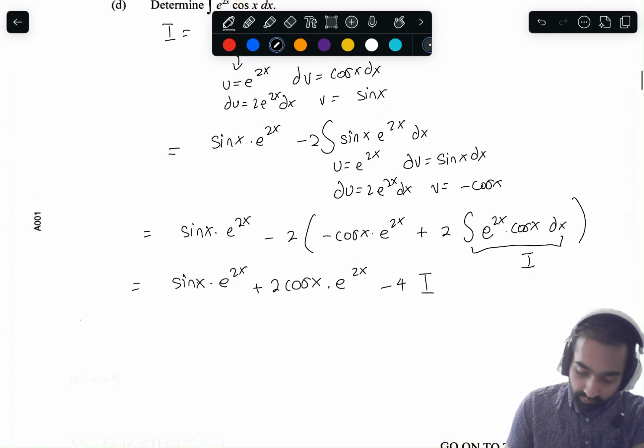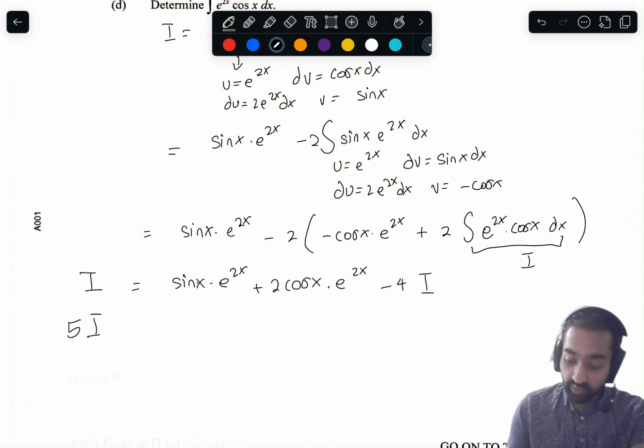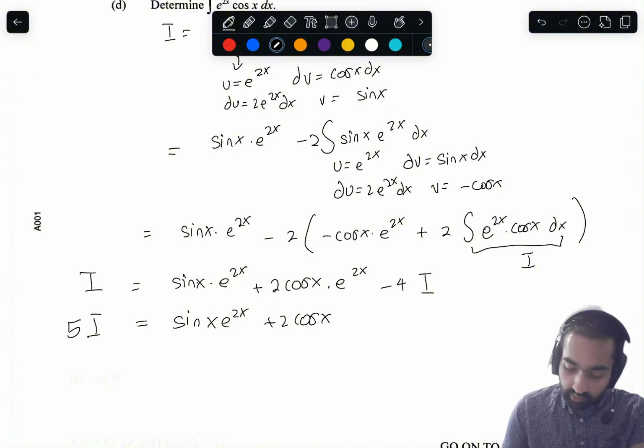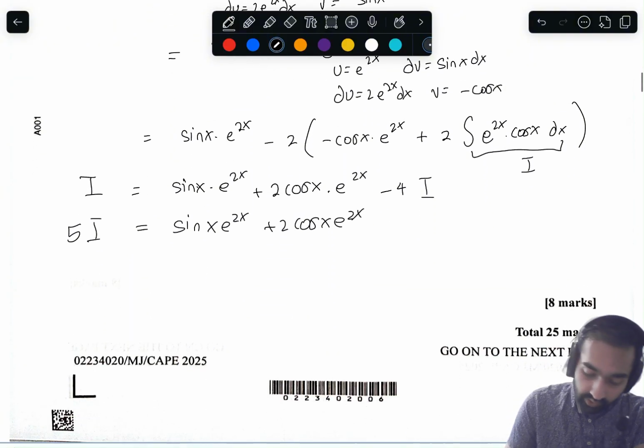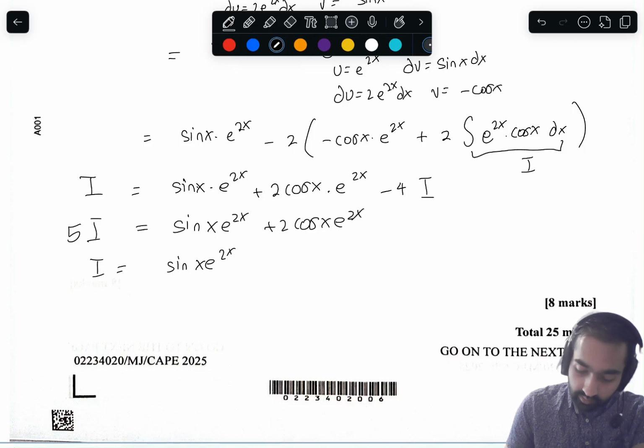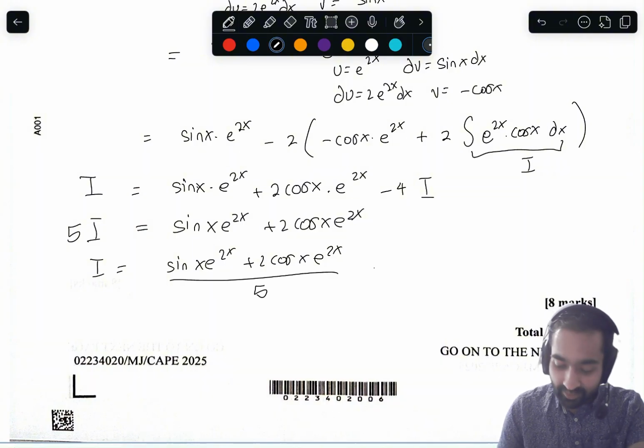So then that means 5I, remember this is all equal to I. So now I'm just going to solve for I by bringing this 4I to that side. So 5I is equal to sine x e to the 2x plus 2 cosine x e to the 2x. So to solve for I, it's going to be sine x e to the 2x plus 2 cosine x e to the 2x over 5. And then the last thing, don't forget to put plus c.